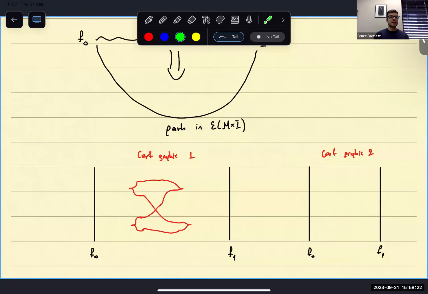If I can do that for a given manifold M, then I have shown that the pseudo-isotopy theorem holds. That's basically the strategy in pictorial terms.